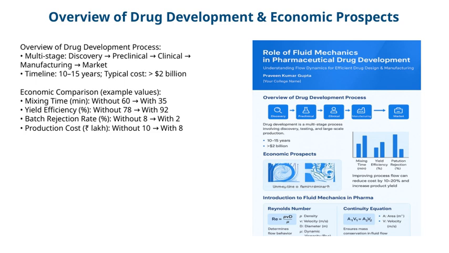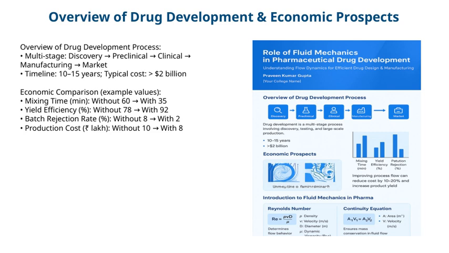After successful clinical trials, the drug moves into manufacturing and finally reaches the market. This entire journey is quite lengthy, usually taking between 10 to 15 years to complete. And it's also highly expensive, often costing more than $2 billion to bring a single drug to market.